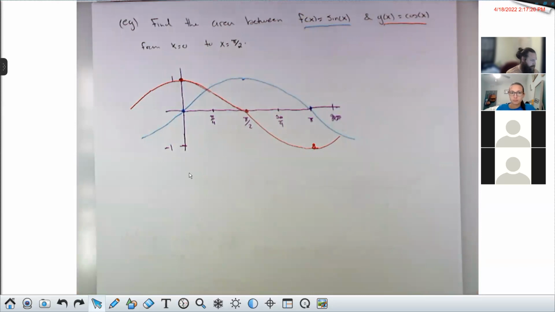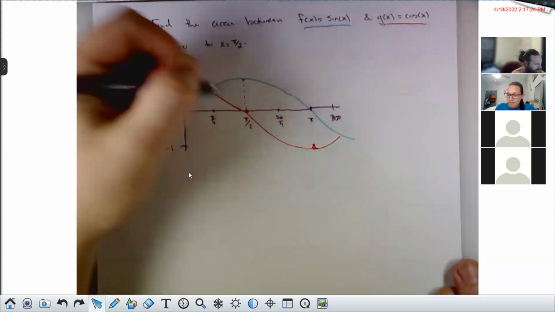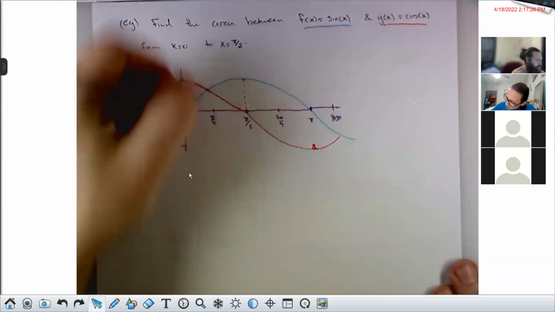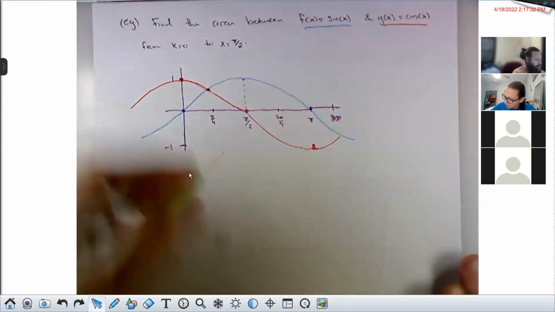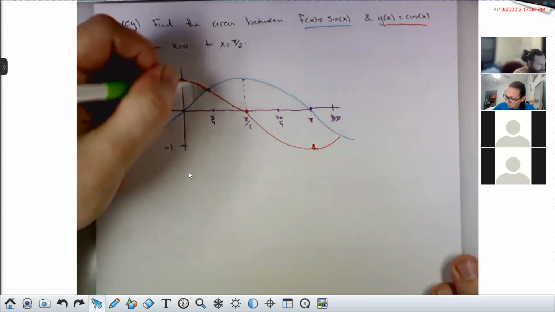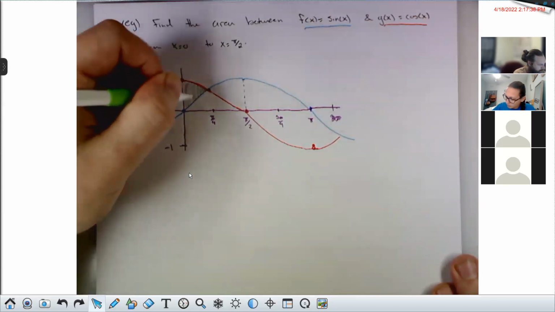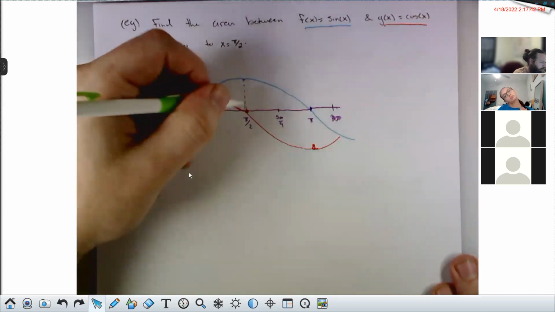I want the area from 0 to pi over 2 bounded between these curves. So the area I'm looking for is this stuff plus this stuff.